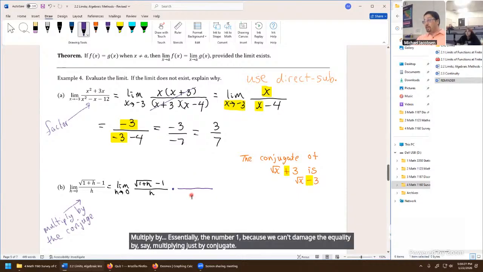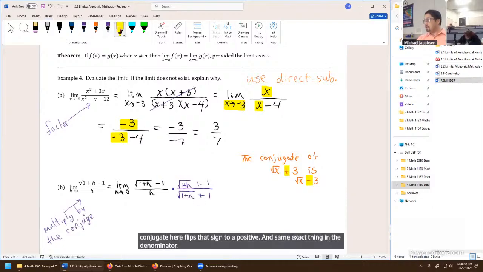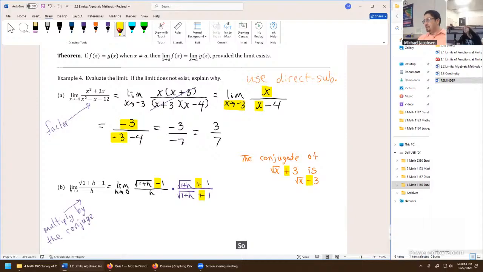We're multiplying the same thing above and below at the same time. So we'll go root 1 plus h. Conjugate here flips that sign to a positive. And same exact thing in the denominator. So this makes it a conjugate.